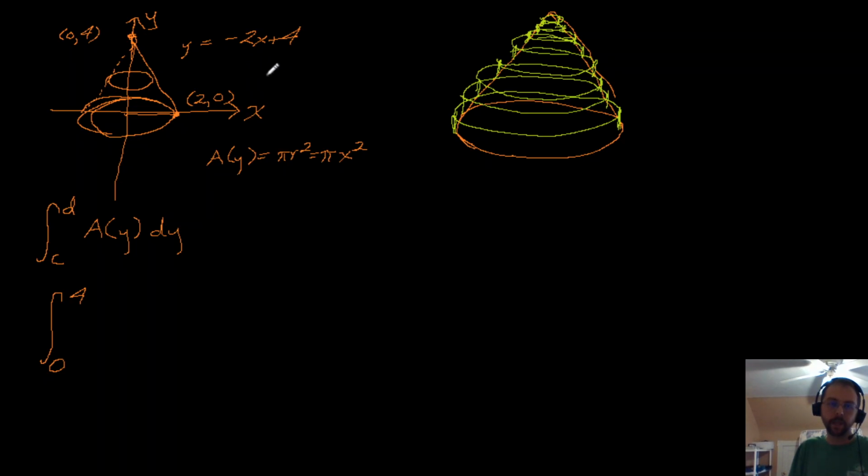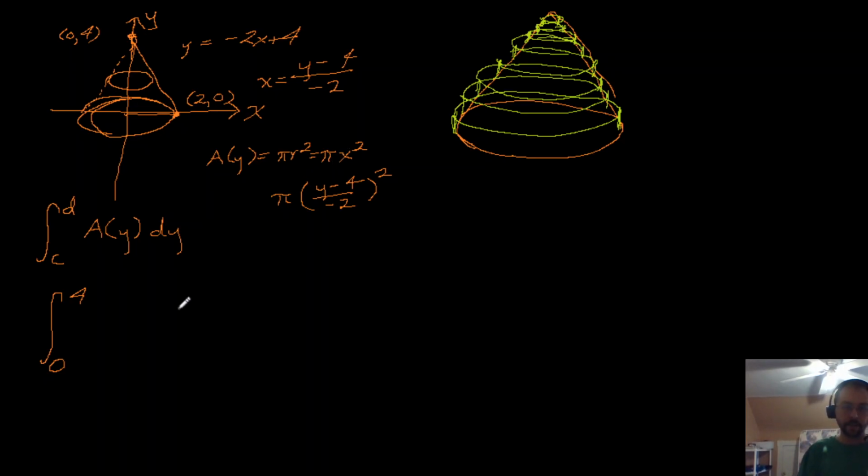So we have y minus 4 divided by negative 2. So x equals y minus 4 divided by negative 2. So we're going to have pi times y minus 4 divided by negative 2 squared. That's our formula for our area.